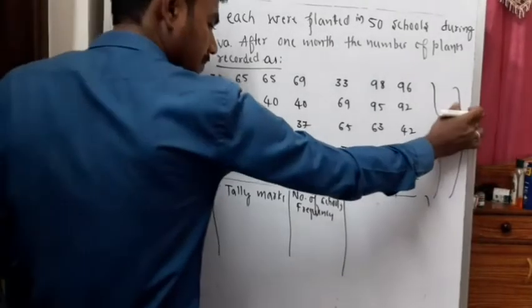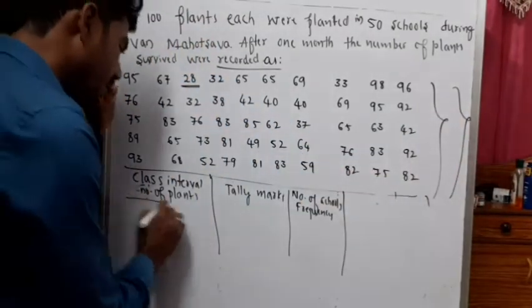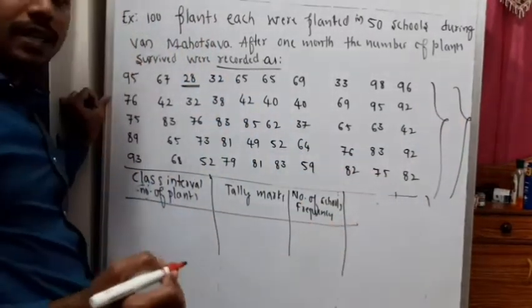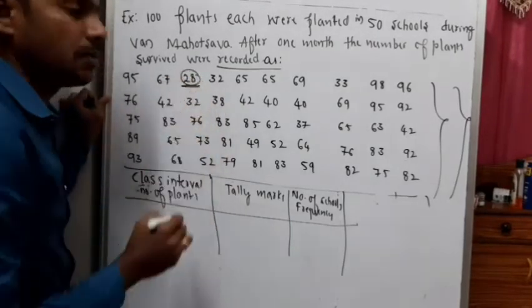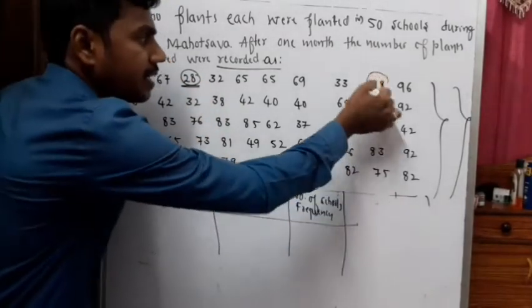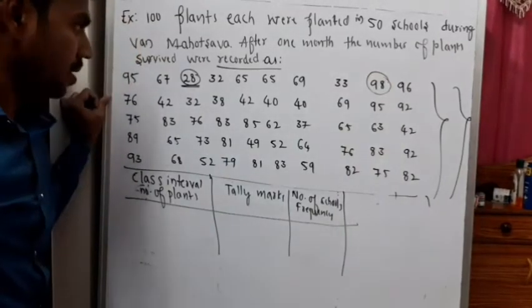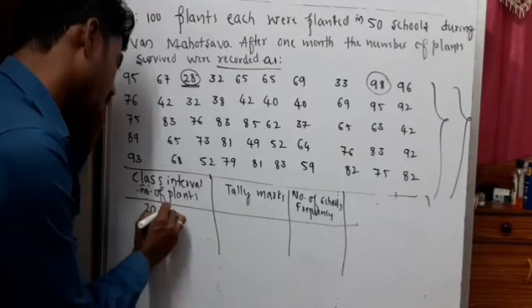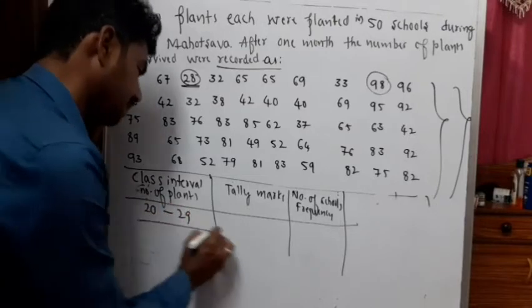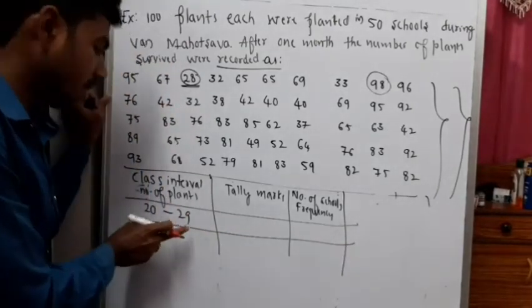Okay, now, what we do is consider the class intervals. Since 28 is the smallest number and 98 is the greatest number, we can start with 20 to 29, which is one of the class intervals.